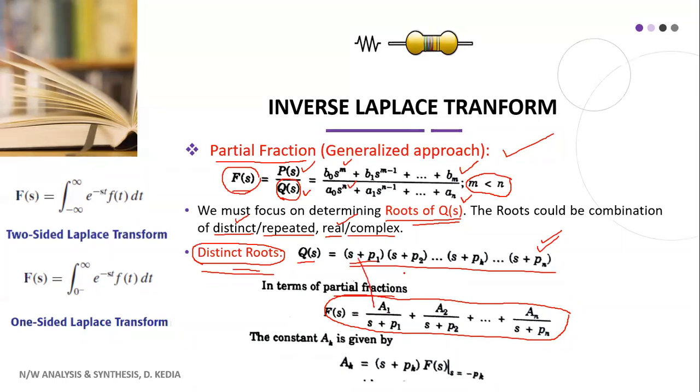A1, A2, An are constants. If we are able to split our expression into this, our job will be very simple. What is s plus p1? Frequency shifting theorem. Here also frequency shifting. A1, A2, An are simple constants, so you can directly write the inverse Laplace transform.